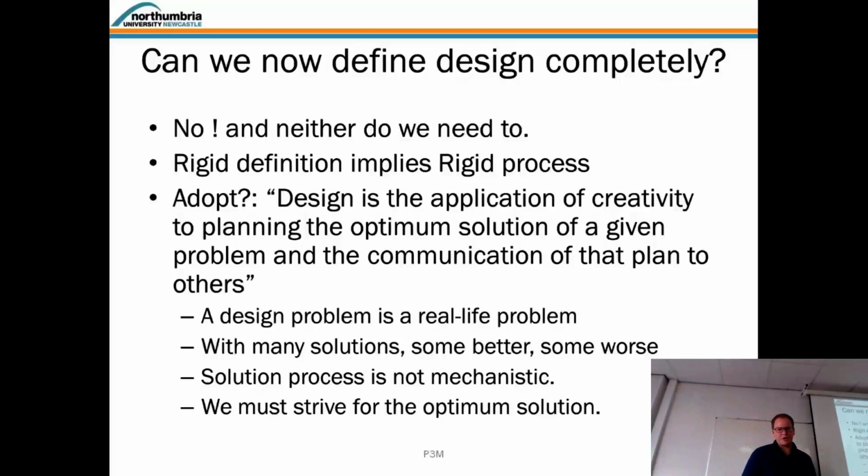A design problem is a real life problem with many solutions, some better, some worse. And the solution process is not a mechanistic one, but a fluid one. You have to bind in your stakeholders, and we must strive for an optimum solution, which is not necessarily our solution. So this is a heartbreaking part, of course.